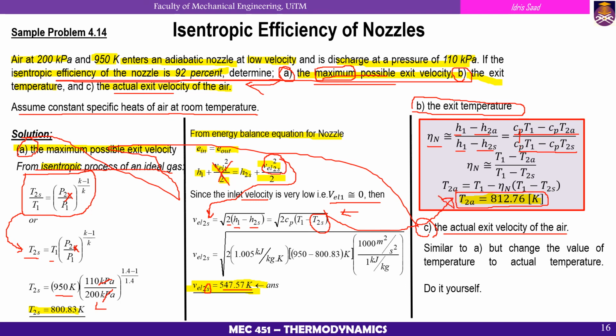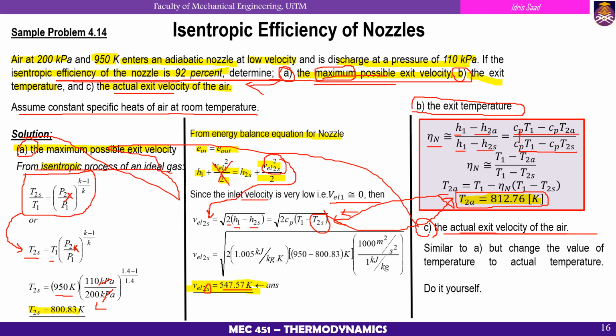Substitute the value of T2A into this equation, then you should get the actual velocity of the air. Please do it yourself. Please complete this sample problem to test your understanding.